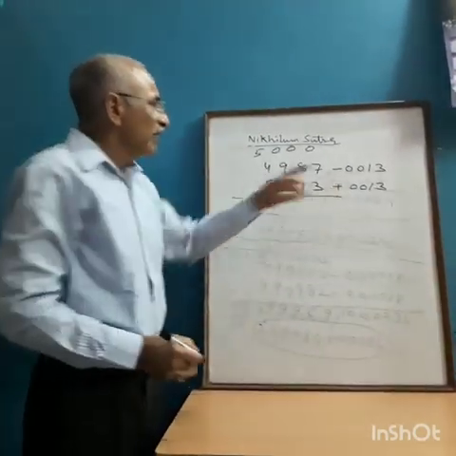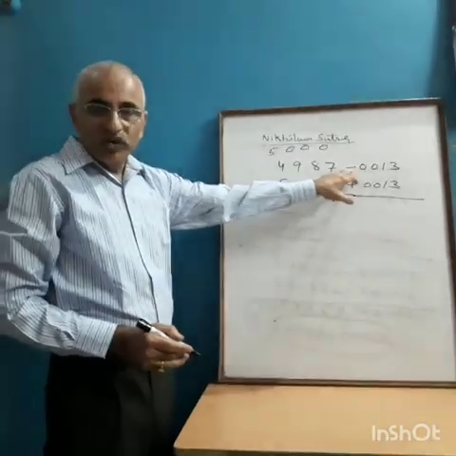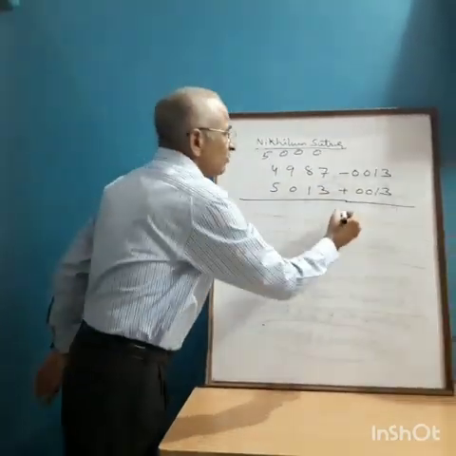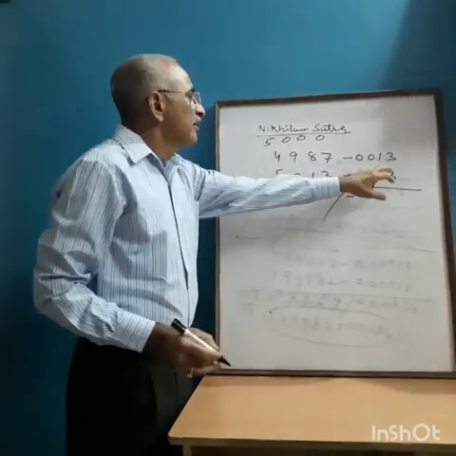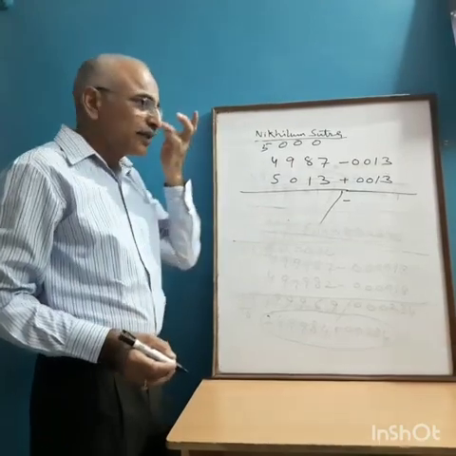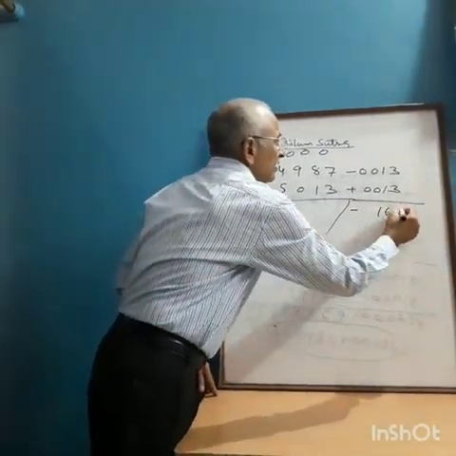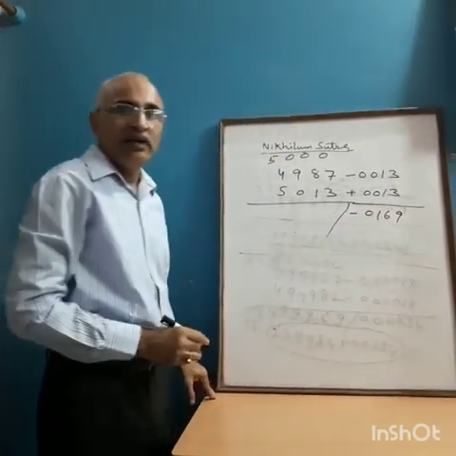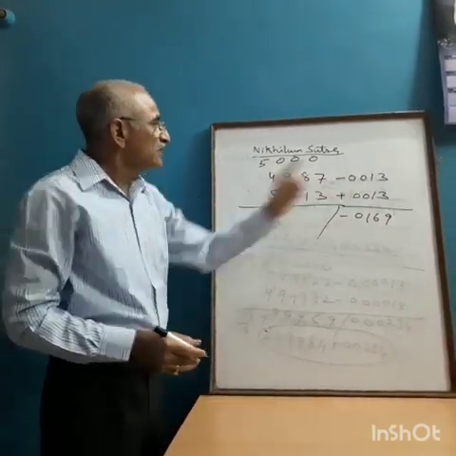Now again, everyone knows that when you multiply positive with negative, there will always be a negative. And these two differences, 13 and 13, should be multiplied. 13 multiplied by 13 will give 169. Here minus.